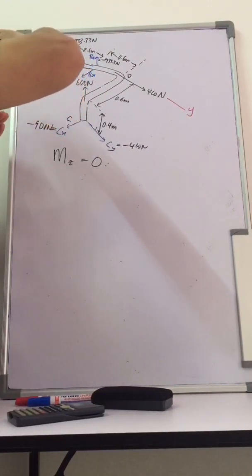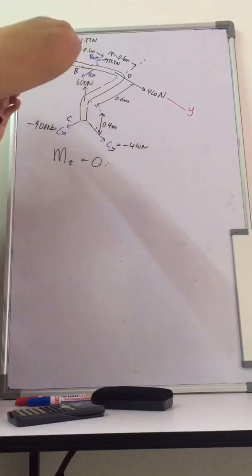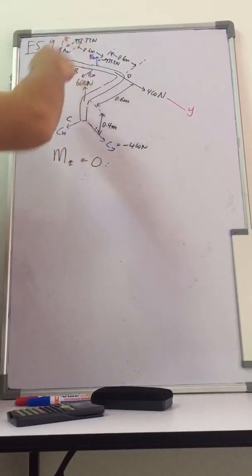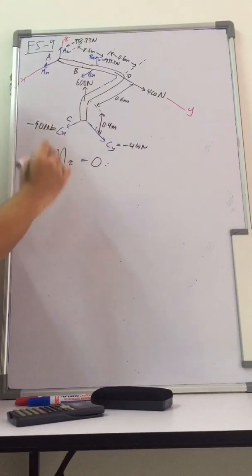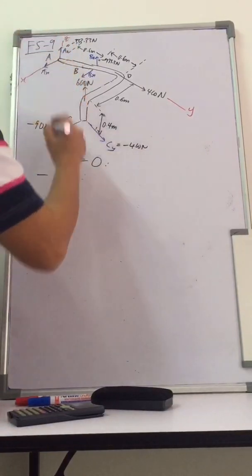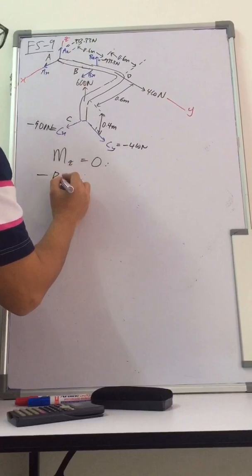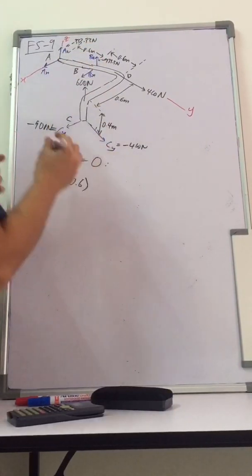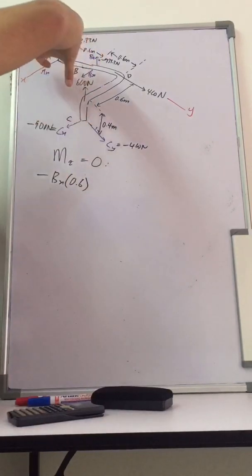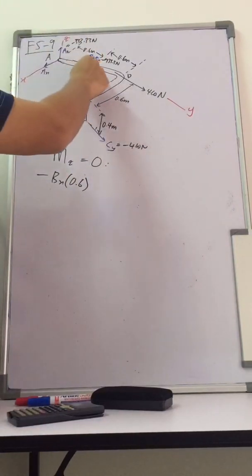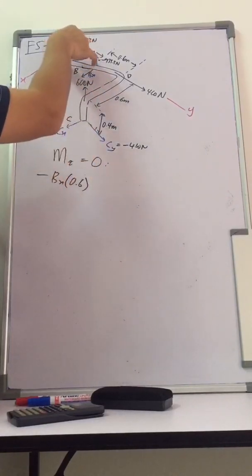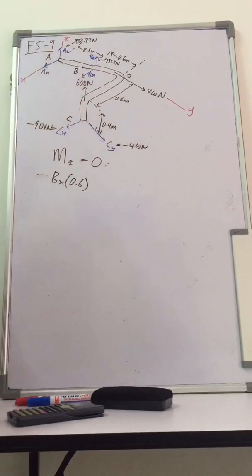So you curl around that, and you can see that actually this one will go downwards. So it will be minus moment of Z. The load is BX. The distance is 0.6 meter. Minus moment, okay, going downwards. Positive BX, the magnitude is BX. The arm, the perpendicular distance, is 0.6 meter, right?